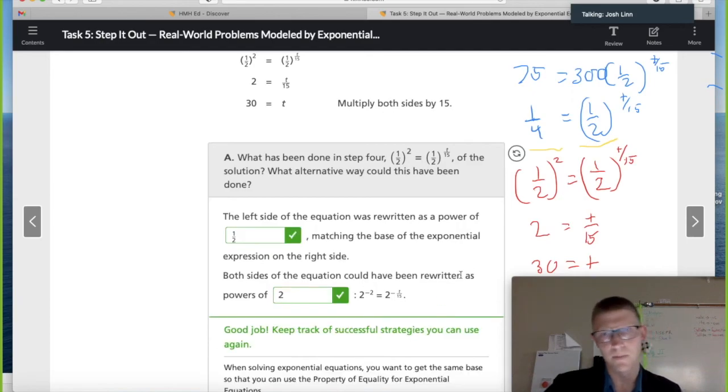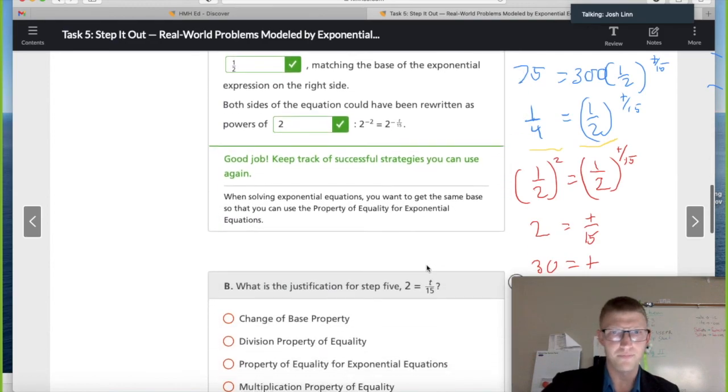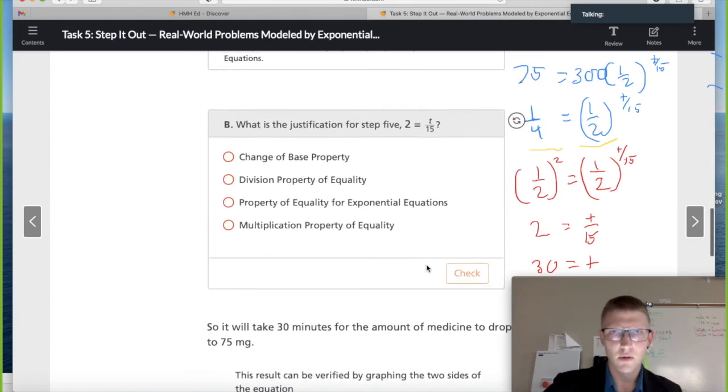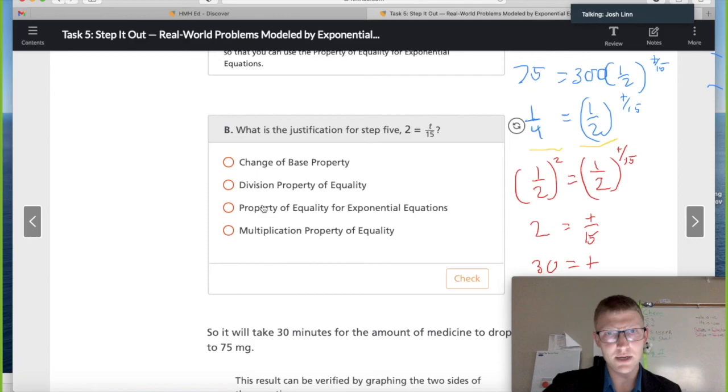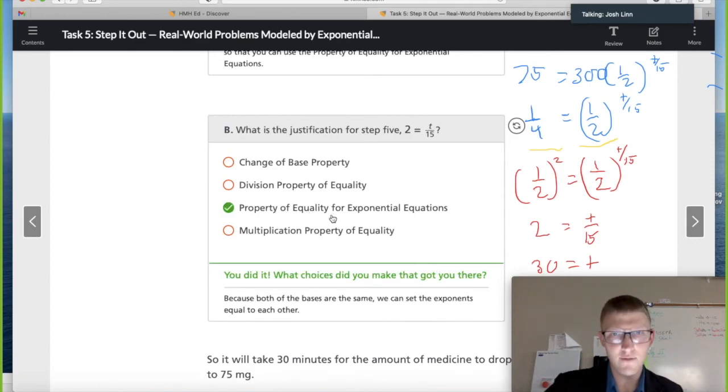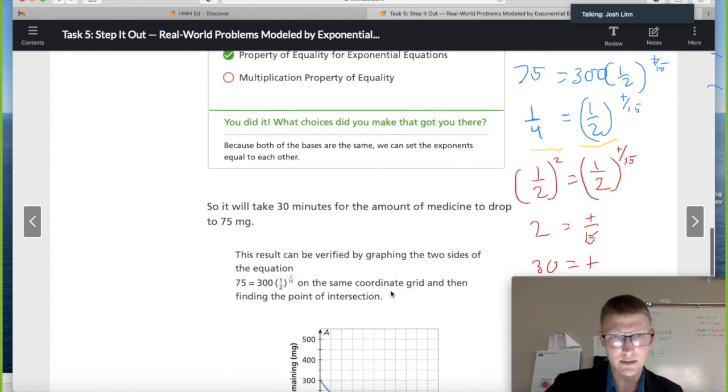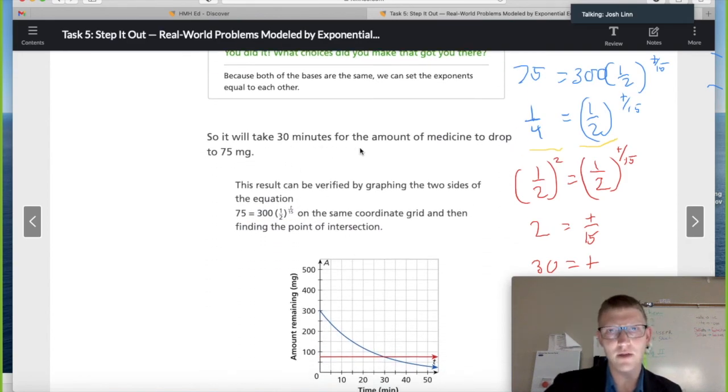Sure, why not? It's not a thing I would have done, but it wouldn't have been wrong. What is the justification? The thing that we have already learned: the property of equality for exponential equations. So it will take 30 minutes for the amount of medicine to drop to 75 milligrams.